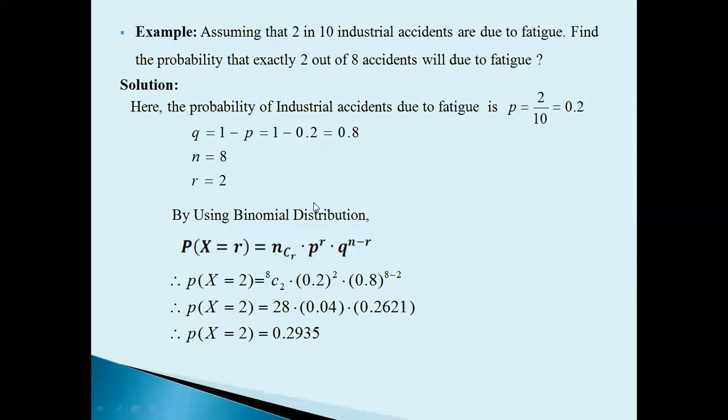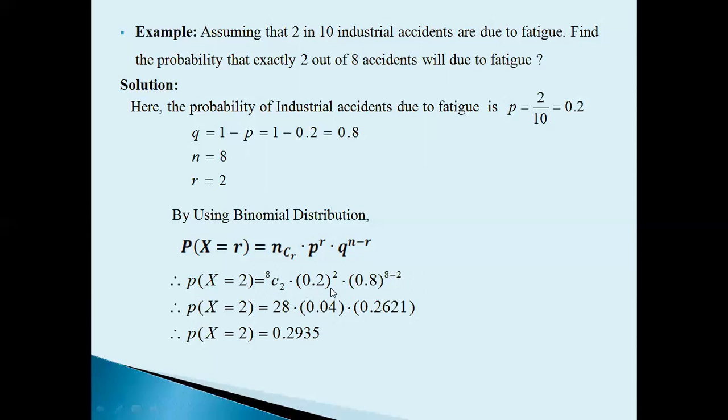Then using the binomial distribution, the formula is probability of x equal to r is equal to nCr into p raised to r into q raised to n minus r. Just substitute the values of n, r, p and q. Then we get the probability for r equal to 2 is 8C2 into 0.2 raised to 2 into 0.8 raised to 8 minus 2.